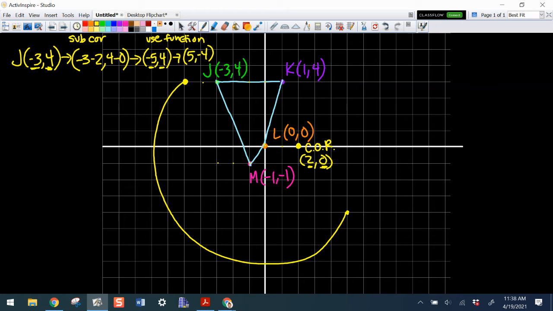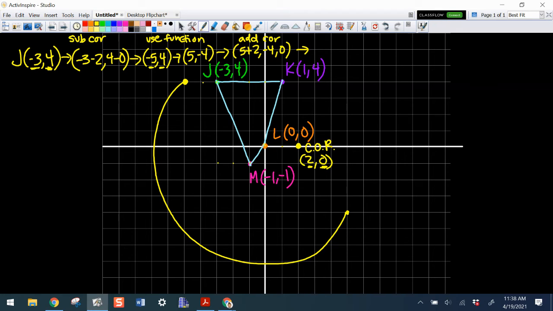And now, because it wasn't originally shifted left 2, we need to add that center of rotation back. So we're going to add the COR, essentially move it 2 units back to the right. So we'll take 5 and add 2, -4 and add 0.